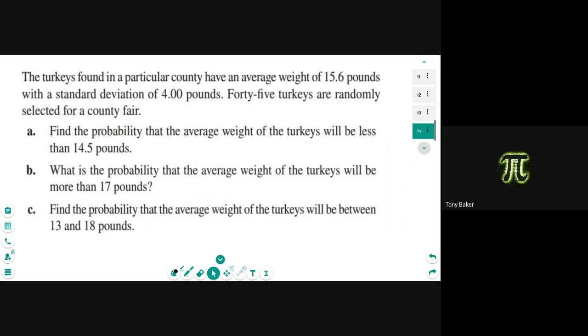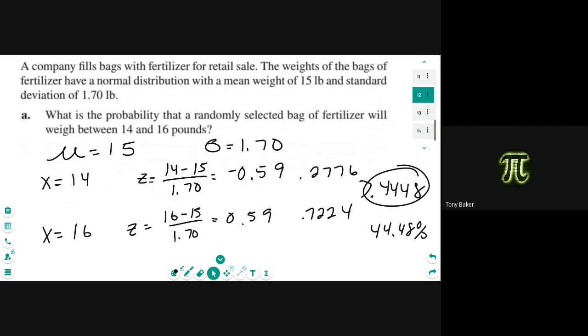Your mistake is your calculator. I can tell by your work right here. That's the correct formula. Your mistake is how you typed it in the calculator. So do that z-score for me and get me 0.59, so I can show you how to use your calculator to do it.